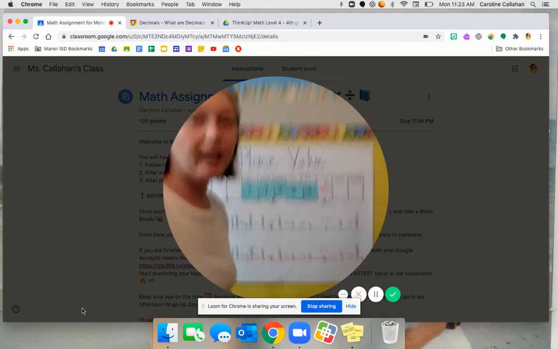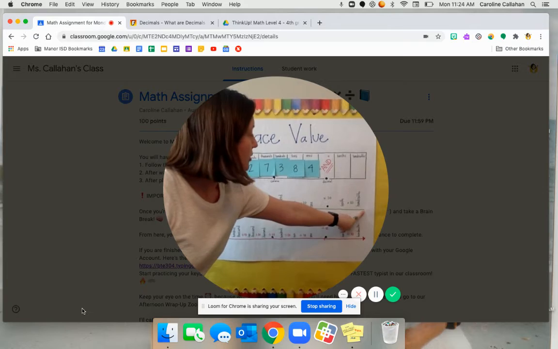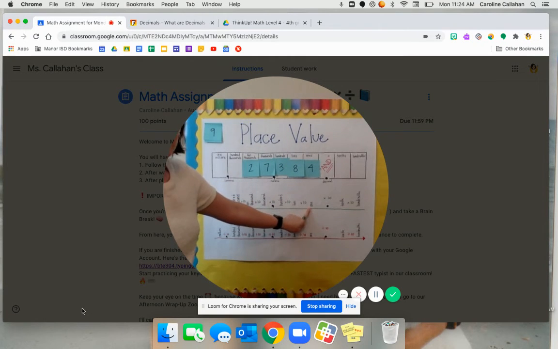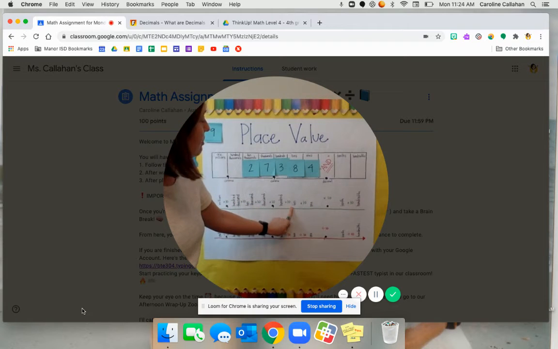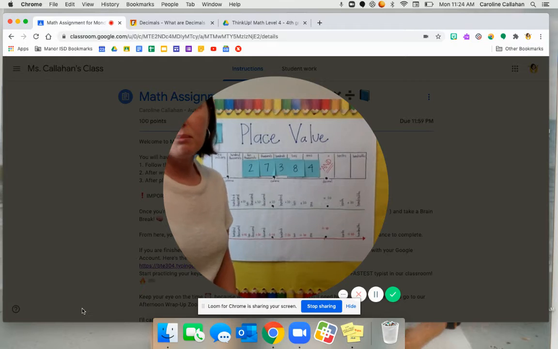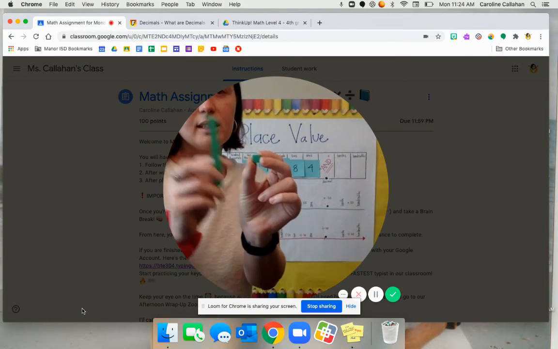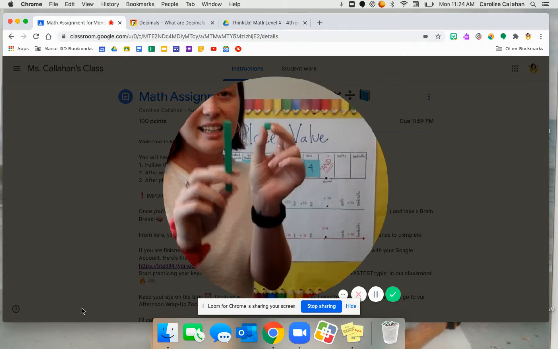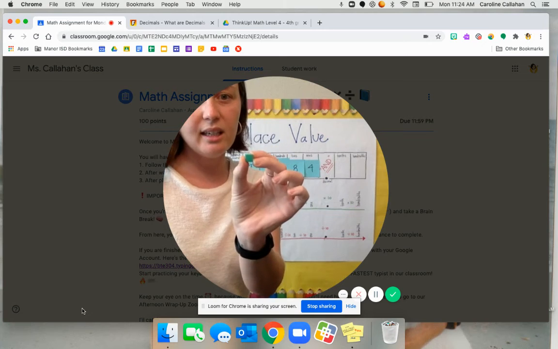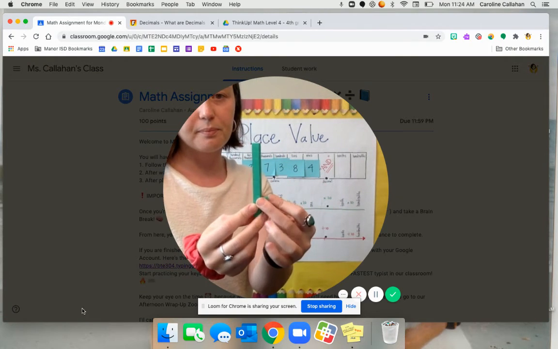So down here I have this little line that is in green, and it moves from the right to the left to show you that when we start in the ones place, the tens place is 10 times greater than 1. That means that if we look at 1 mini cube, the tens place, or the long, is 10 times greater than one of these, right? Because 1 times 10 equals 10, which is a long.